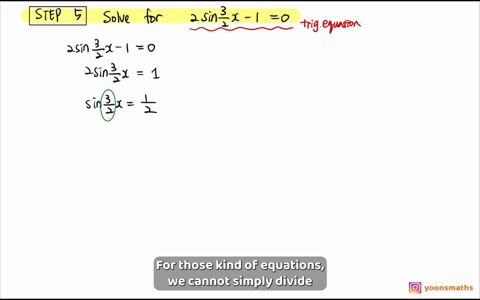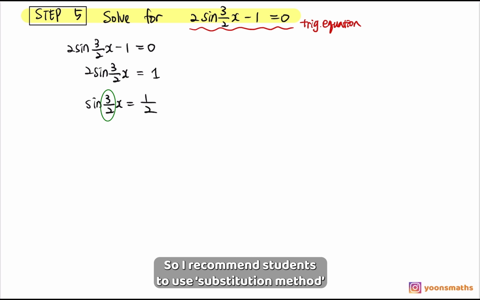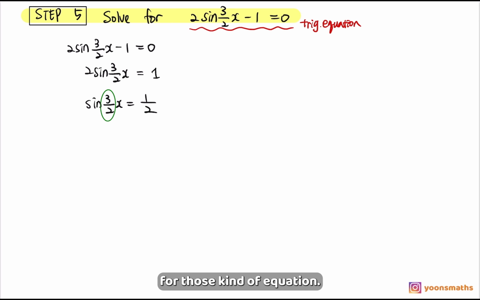For this kind of equation, we cannot simply divide by 3 over 2 on the right. This is the key point. So I recommend students use the substitution method for this kind of equation. We're going to let a equal 3 over 2 x.